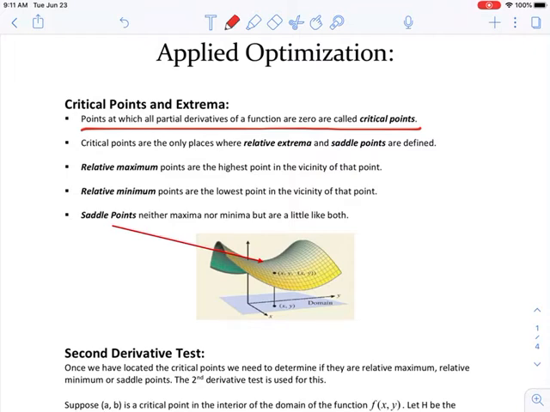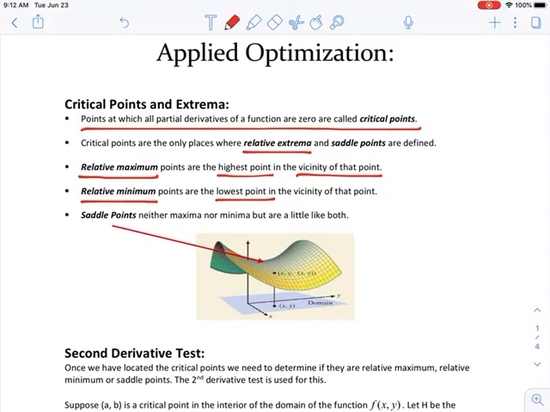So we want to set our partial derivatives equal to 0 and then solve those for the respective values of the variables. Now, relative extrema means either a relative maximum or a relative minimum. The relative maximum is the highest point on the graph in that particular area, in the vicinity of that point. And the relative minimum is the lowest point in the vicinity of that point.